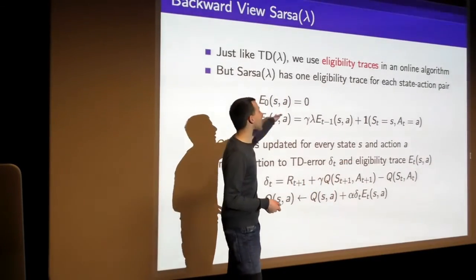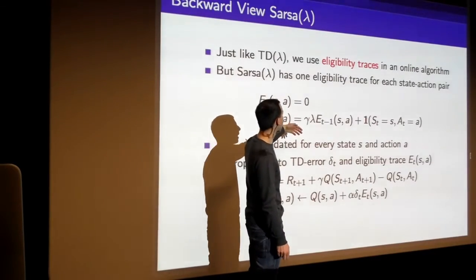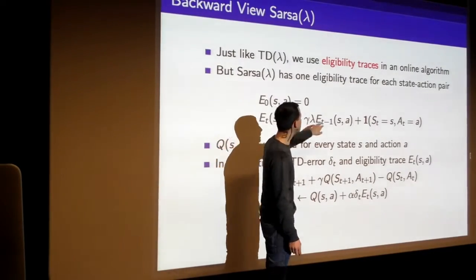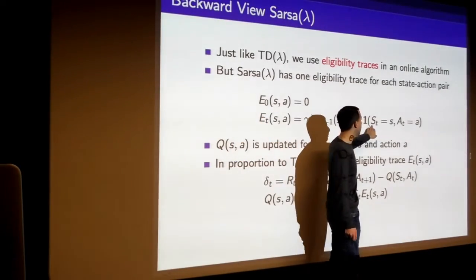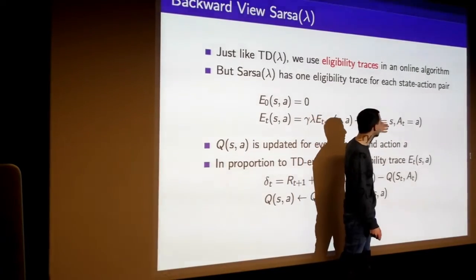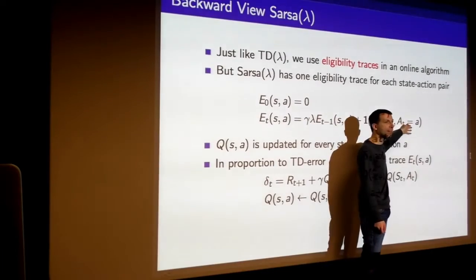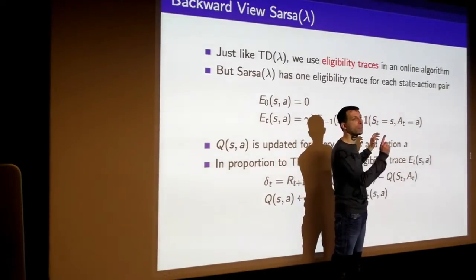And so the way we do that then is we can do it online by just increasing this state action pair. So every time we actually visit a state action pair, we increment it. So this is an indicator saying if I'm actually in that state S and take that action A, then I'm going to increase this eligibility trace by 1.